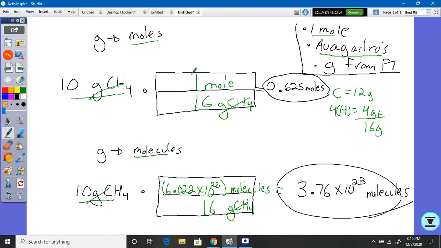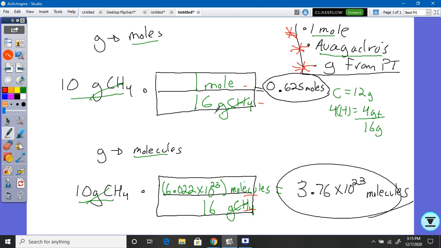You notice that you're only going to use two out of the three things here. This one was molecules and grams, so you used Avogadro's number and grams. And the other problem was moles and grams. Again, you're only limited to writing literally 1 mole, Avogadro's number, and grams from the periodic table.